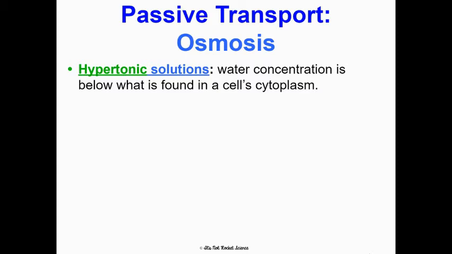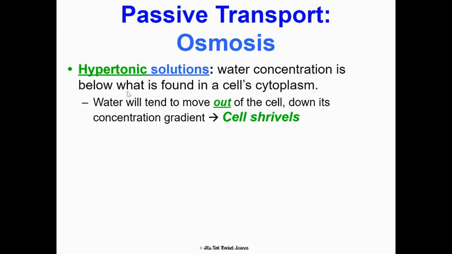This is referring to whatever solution is outside of the cell. So, what solution does the cell find itself stuck in? If the solution is hypertonic, it means the water concentration is below what is found in a cell's cytoplasm.